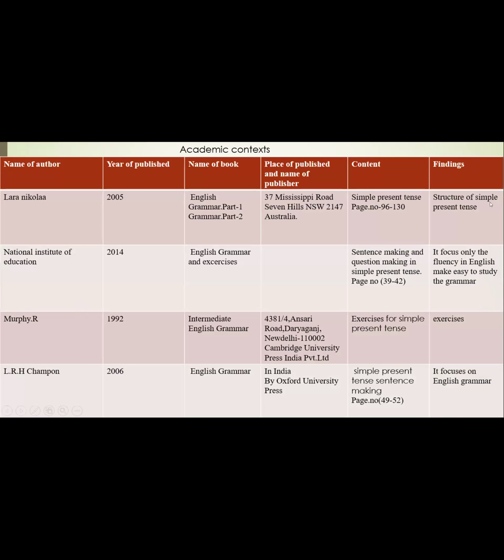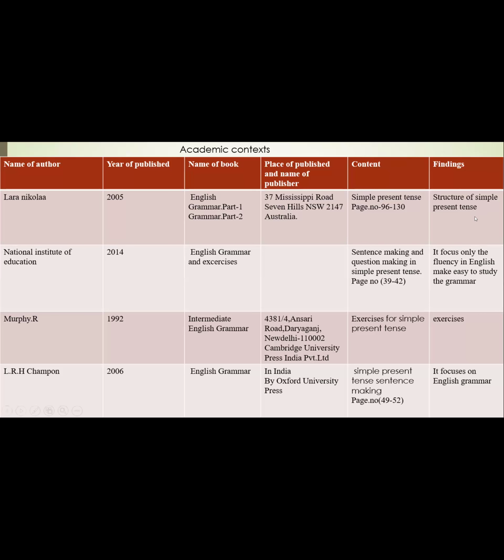Academic context. Author Lara Nicola, year published 2015. Name of the book: English Grammar Part 1, Grammar Part 2. Content: simple present tense, page numbers 96 to 130.